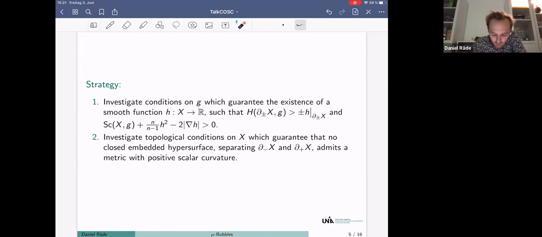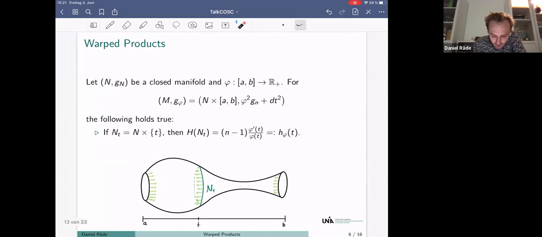Okay. All right. So I told you that we want to do a comparison theory, right? I think the idea for me to do this came from the work of Cecchini and Zeidler.